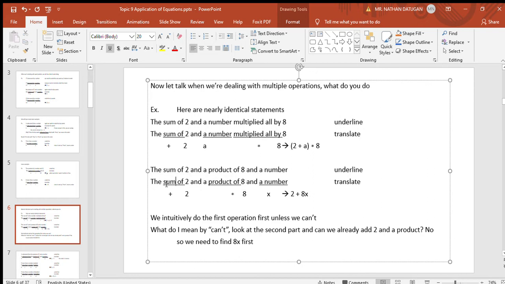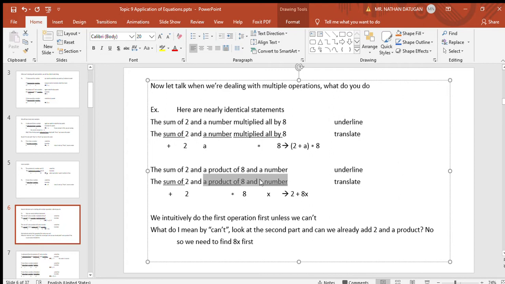So this is not a complete part of the sentence that we can fully translate. So let's move from this part, and let's look at the latter half of the sentence. A product of 8 and a number. Is that something we can translate?